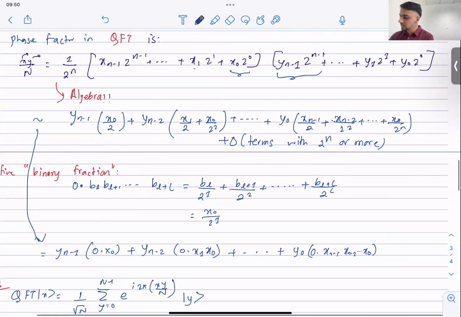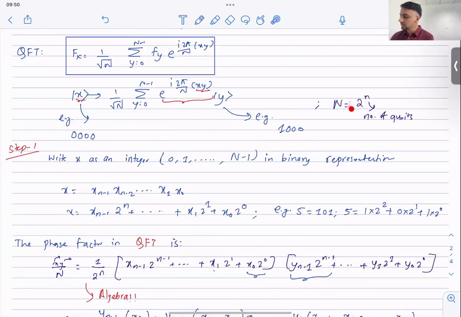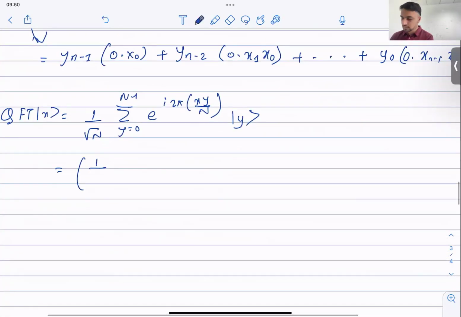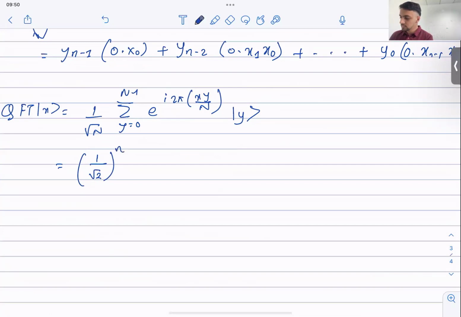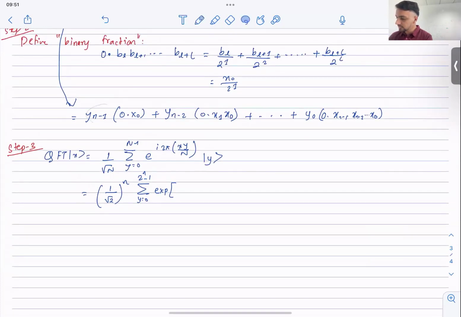I'll use the definition I defined for capital N, right? Remember, capital N is just 2 to the n. If I have square root of that, then I'll just have square root of 2 to the power of n. Okay, sorry, small n. And so y equals 0 to 2 to the small n minus 1. And I will basically expand this out. Okay, so what I'll do is I'll just copy paste it.